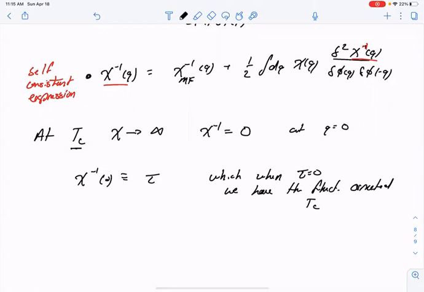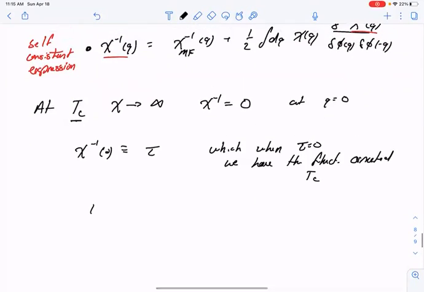So evaluating this equation here for q equal to 0, we find that tau is equal to the mean field value of chi at 0, which is just A, plus a 6u term, because we know what that Gaussian correlation function is, an integral over q, 1 over tau plus m q squared.